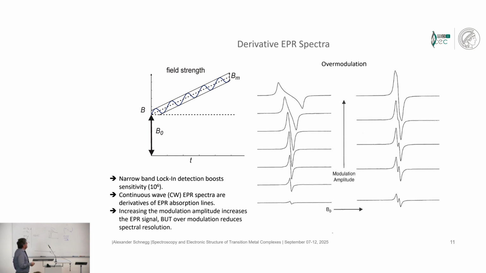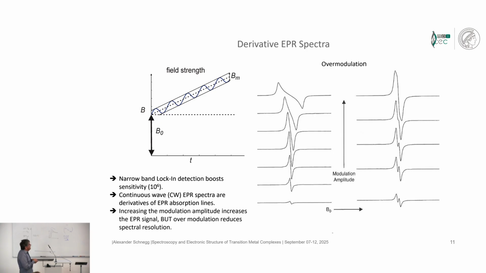Our signal gets bigger, the larger our modulation is. However, by increasing the modulation amplitude, we also increase the line width beyond the natural line which we would like to detect. And you can see this quite well here. Here are two peaks in our spectrum. The signal gets bigger and bigger.